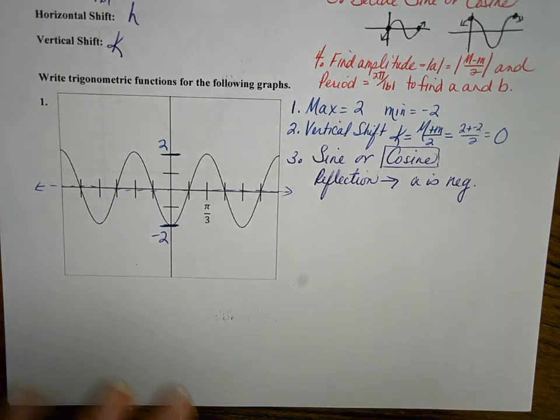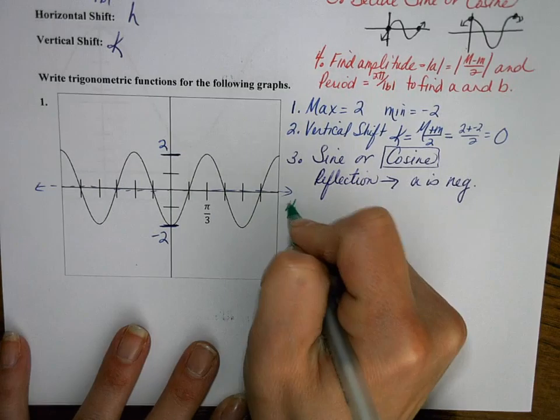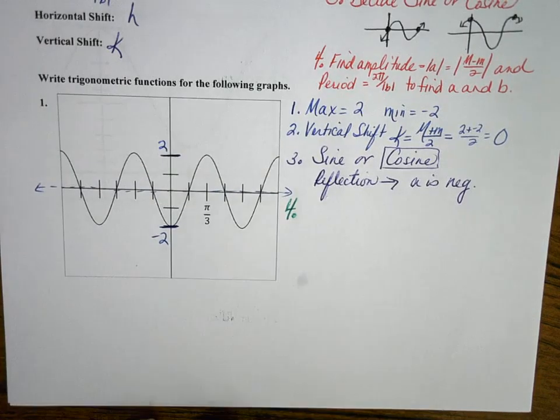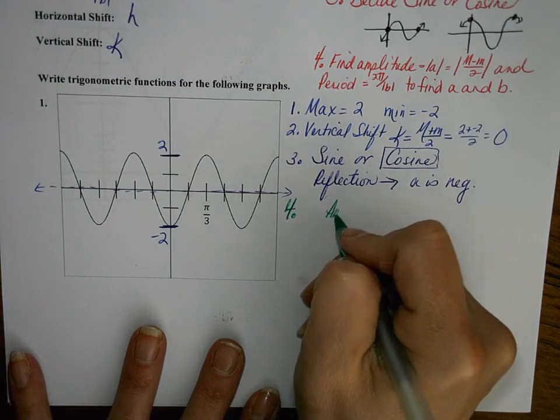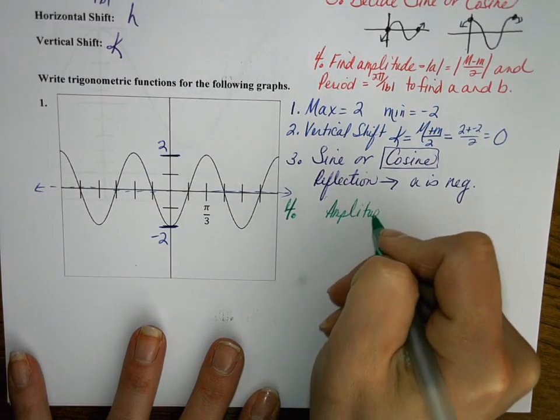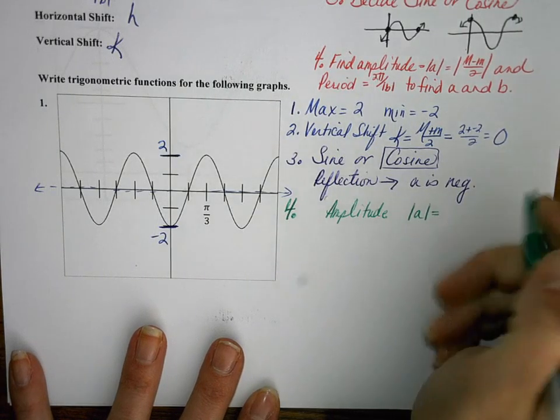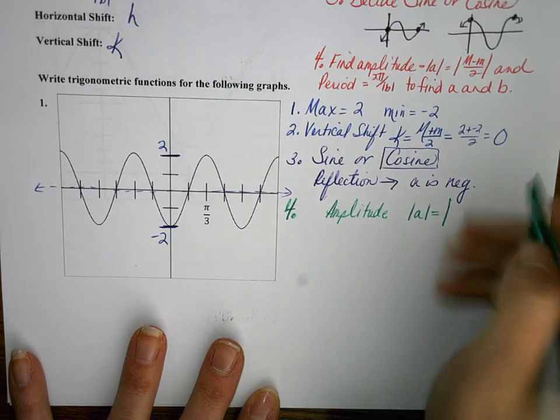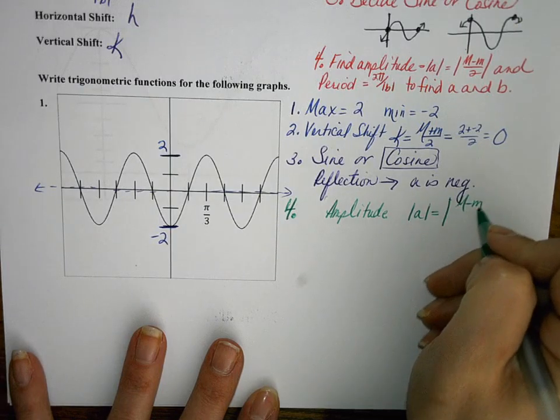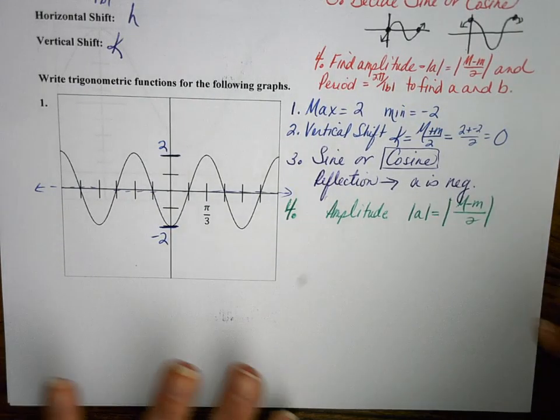All right, continuing on. What's next? Got to find that amplitude. We know that the amplitude, the absolute value of A, is equal to the absolute value of the maximum minus the minimum divided by 2.